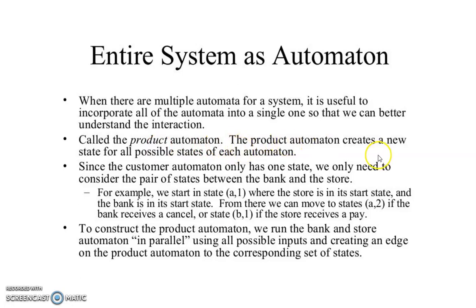The product automaton creates a new state for all possible pairs of states. Since the customer automaton only has one state, we only need to consider the pair of states between a bank and a store. For example, we start in state a,1 where the store is in the start state and the bank is in the start state. From there we can move to state a,2 if the bank receives a cancel, or state b,1 if the store receives a pay.